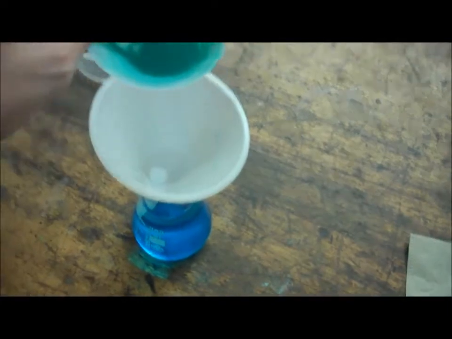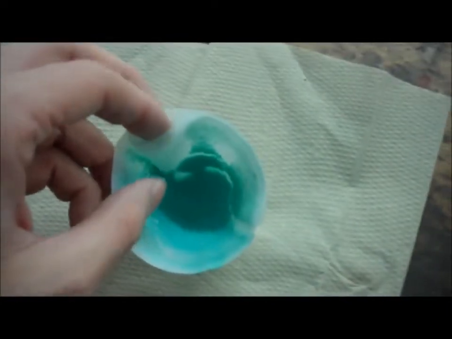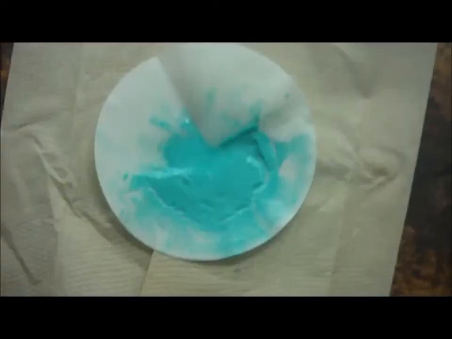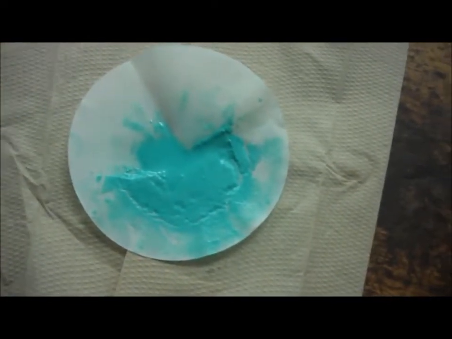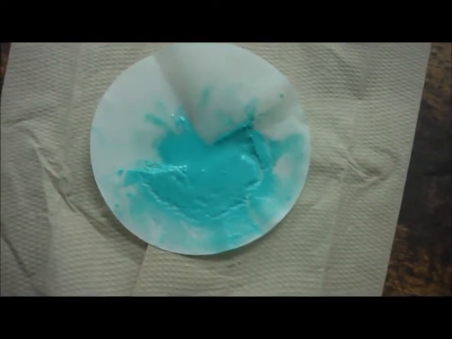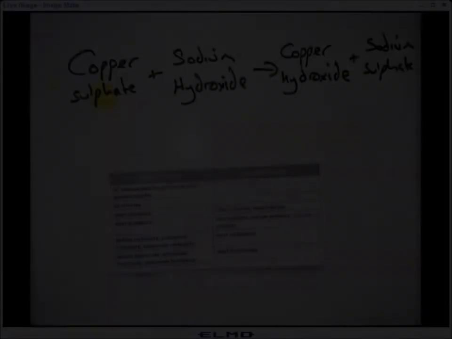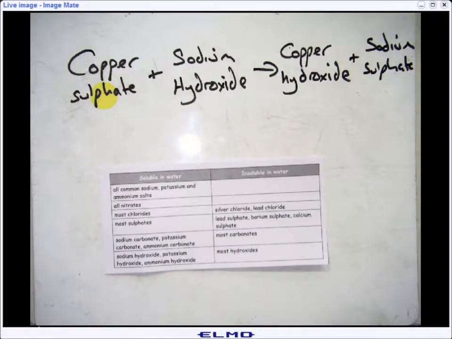Once you've filtered it through and washed it, remove it and place it onto a cloth to dry. Once it's dry, you will have a solid precipitate of copper hydroxide. As you can see from this, the copper hydroxide is insoluble and the sodium sulfate is soluble. So the precipitate that you make in this reaction is copper hydroxide.